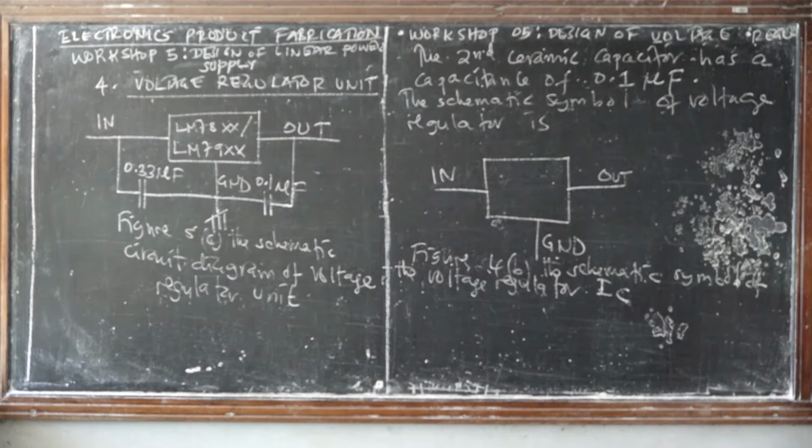Second, how do we get those values? Why do we prefer 0.33 microfarad and not 0.4 microfarad, and why 0.1 microfarad and not 0.0011 microfarad?